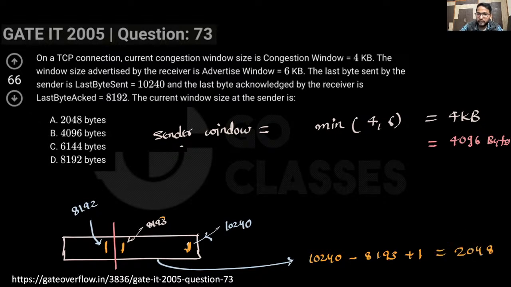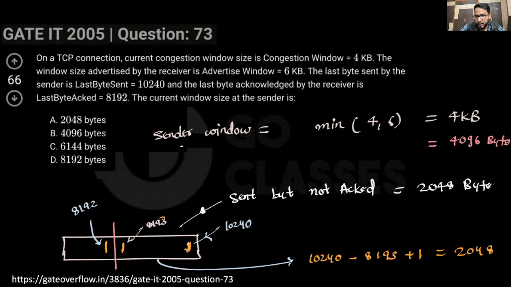2048. So these many bytes you have sent, these many bytes are in transit, which means sent but not acknowledged. Not acknowledged are 2048 bytes, right? And the total window size is 4096, which means double of this, so this is also 2048.